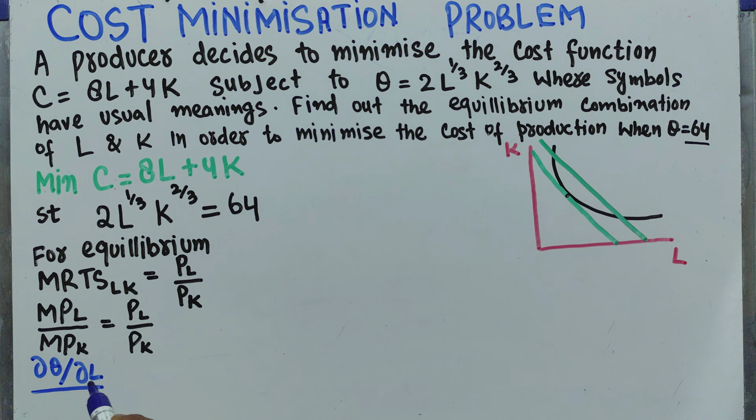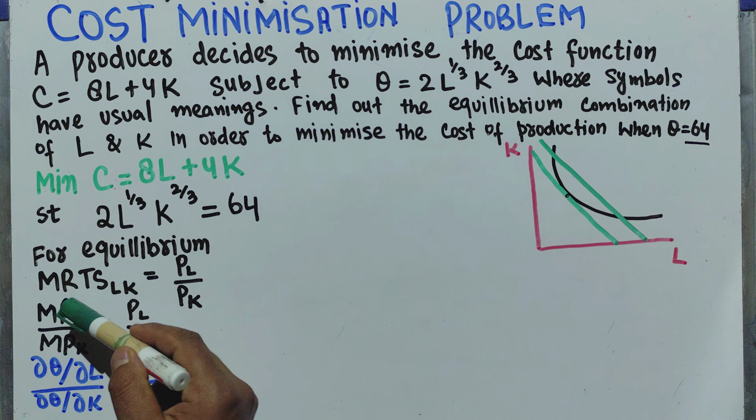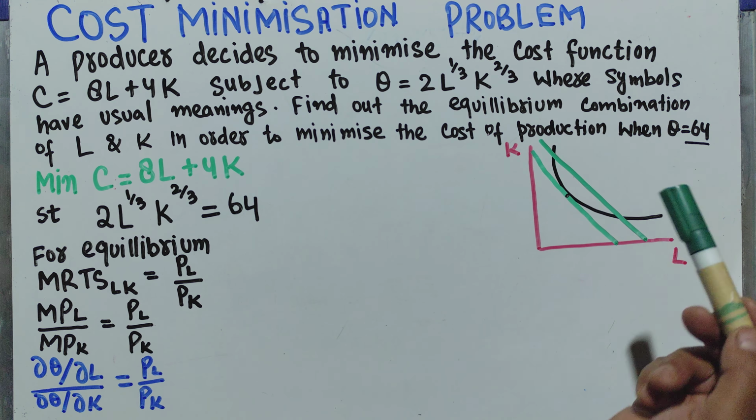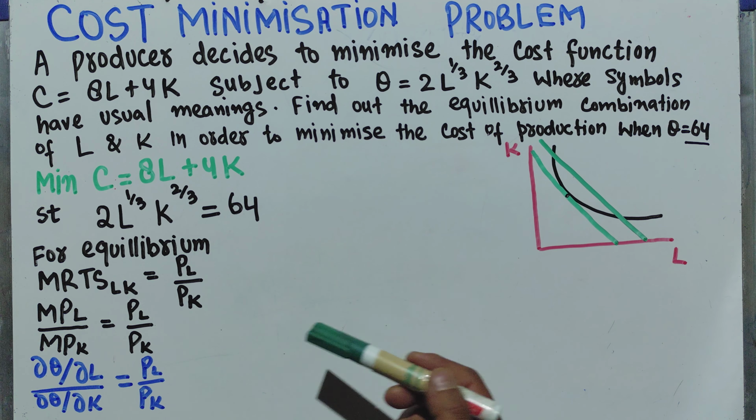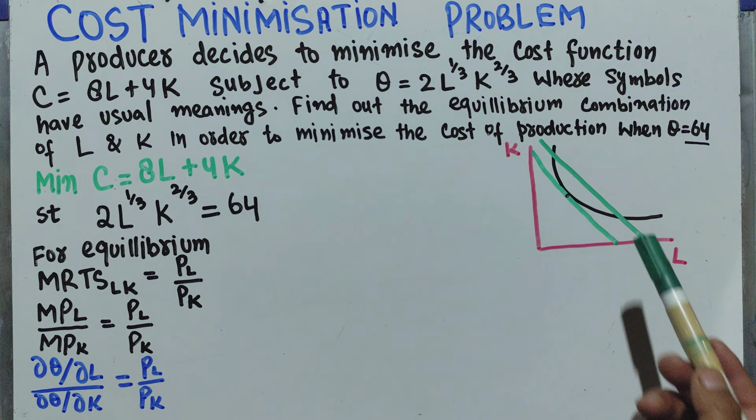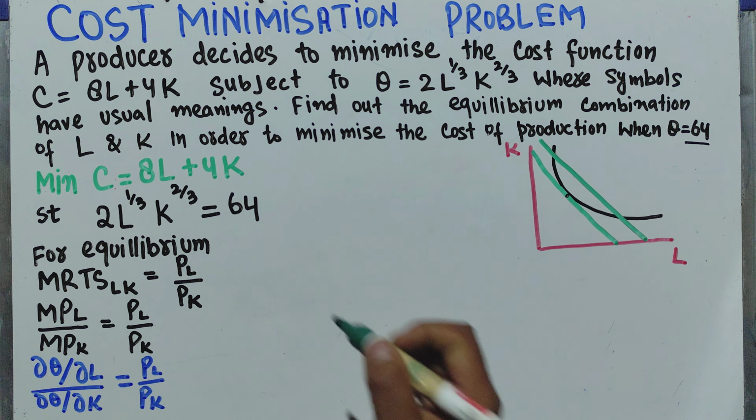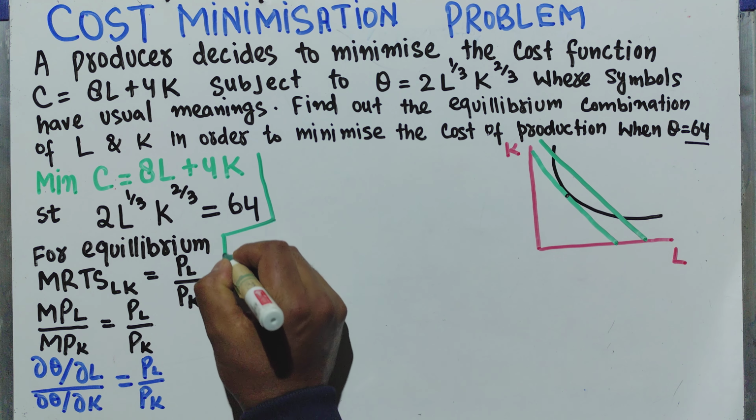Similarly, marginal product of capital means the change in the total production due to the change in the units of capital employed. And it should be equal to price of labor upon price of capital. Remember here, LHS denotes the slope of this black line, that is the isoquant, and RHS denotes the slope of the iso-cost line.